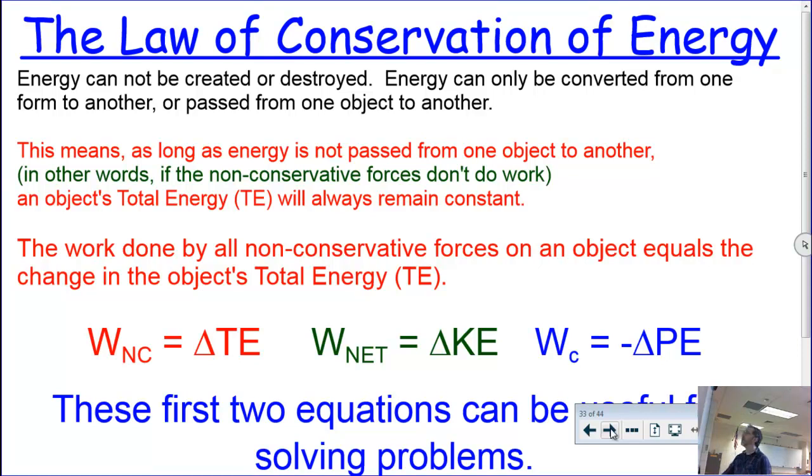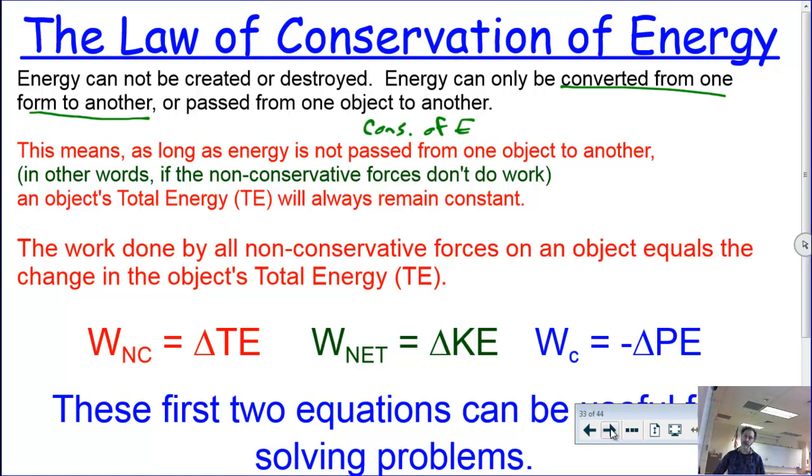Now, when we did conservation of energy problems in the last section, we were dealing with problems in which the energy was converted from one form to another. As your roller coaster comes down, you're converting gravitational potential energy to kinetic energy, and as it comes up, the other way around, you convert kinetic energy back into gravitational potential energy.